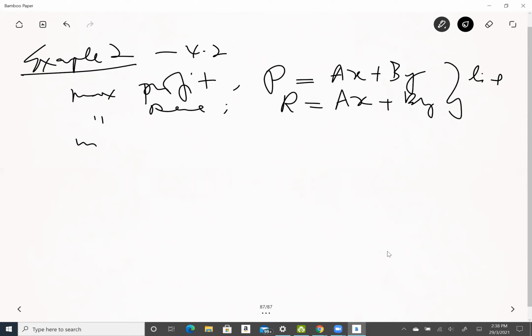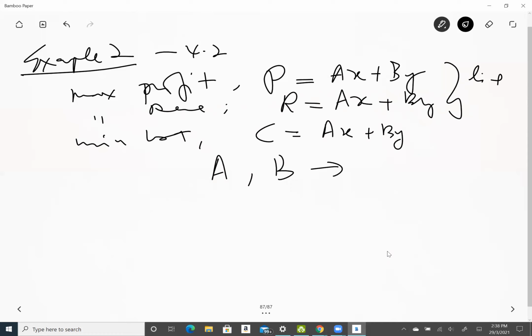If you want to minimize cost, then the cost C will also be AX plus BY, a linear function. A and B are the constants that you need to fill in, so that you have a linear function with the constants.